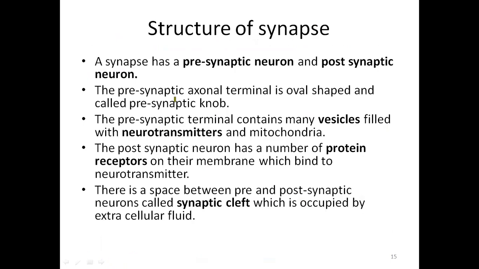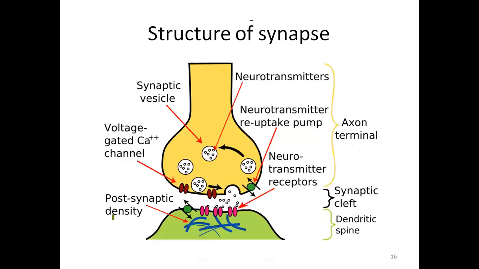Now, what is there in a synapse? In a synapse, we have importantly, so I'll explain this diagram, two structures, two membranes. This membrane of the synaptic knob is known as presynaptic membrane, and this is known as postsynaptic membrane.